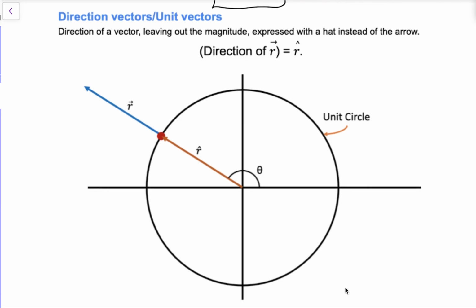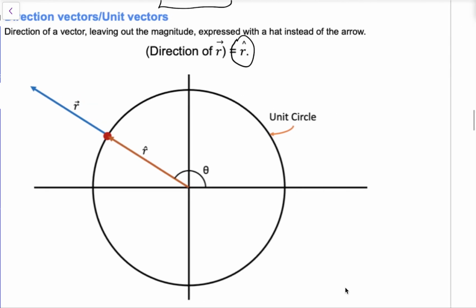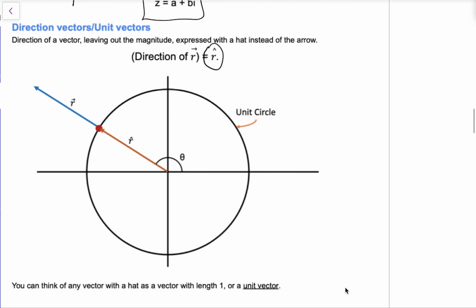Like I started off on the first page saying that the direction of the r vector is given by r hat. We put the hat over the r to indicate a vector direction. It has length 1. This is useful because now I can say that the vector r, let's draw that with an arrow over it, equals the magnitude of r times the direction of r.